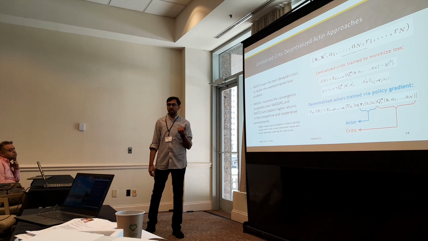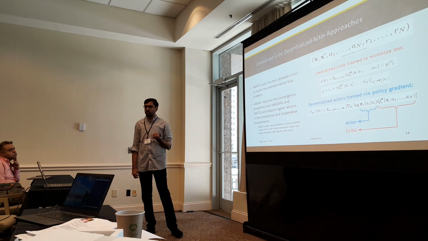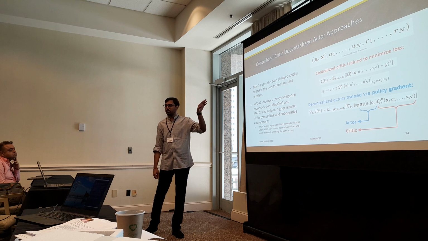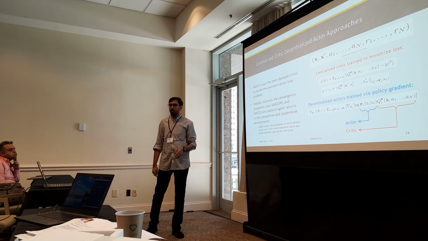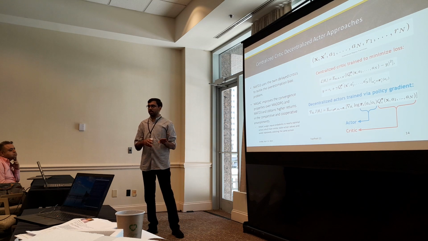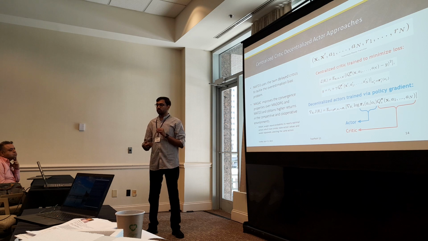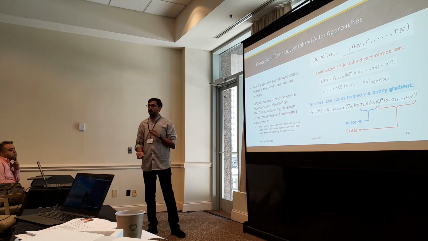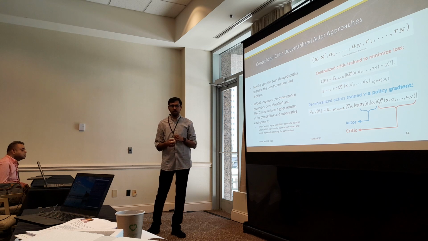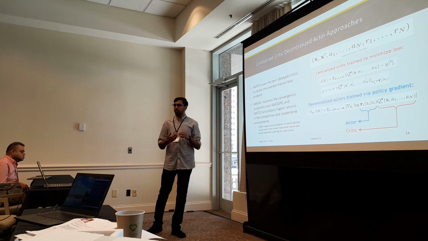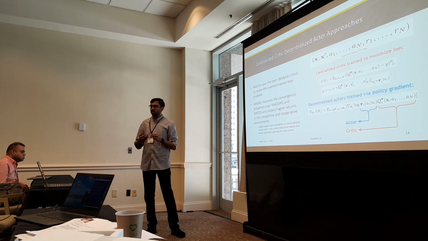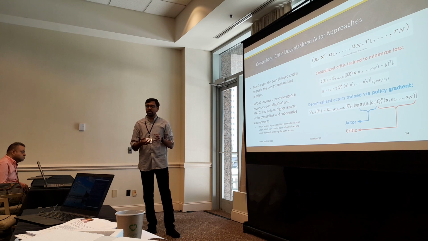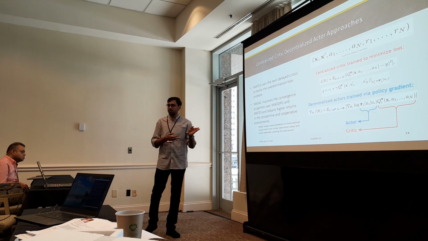Normally in our studies we used 1024, and the buffer size is 1 million. So the centralized critic at each time step needs to sample 1024 transitions, like vectors, from a buffer size of 1 million, which is actually huge, and it does random sampling.